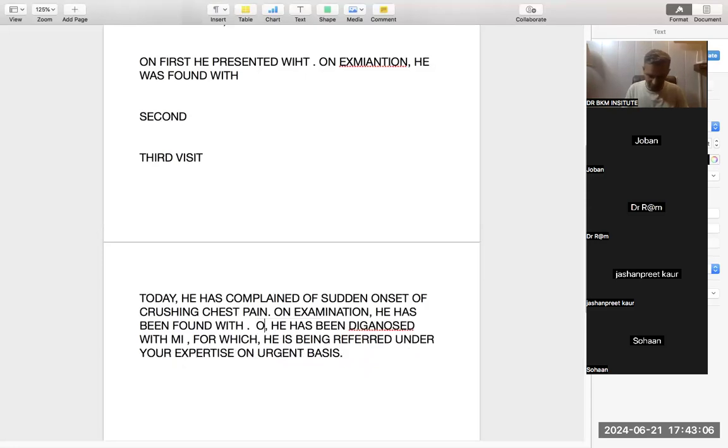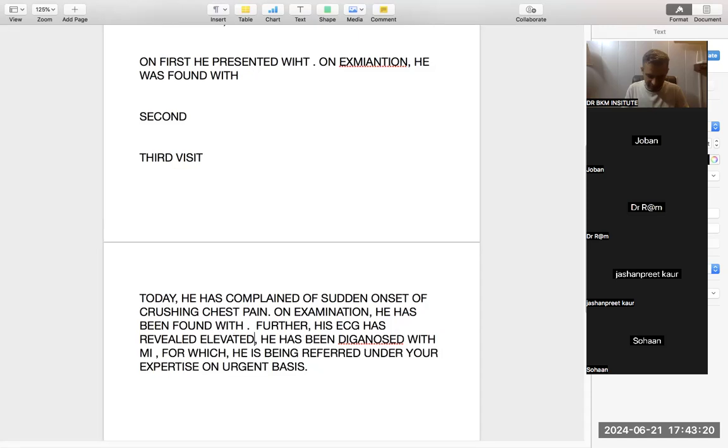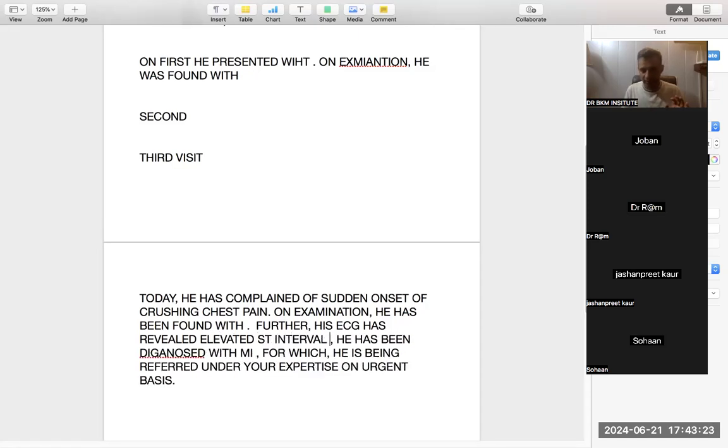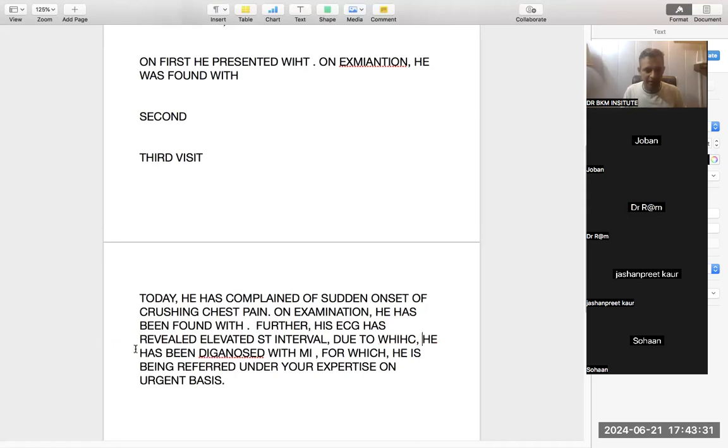On the basis of that, further, his ECG has revealed elevated ST interval, due to which, nice connectors, he seems to be a case of MI. Seems means suspected, so it would be a suspected case. If a diagnosis is given, then you will say, therefore, he has been diagnosed with.